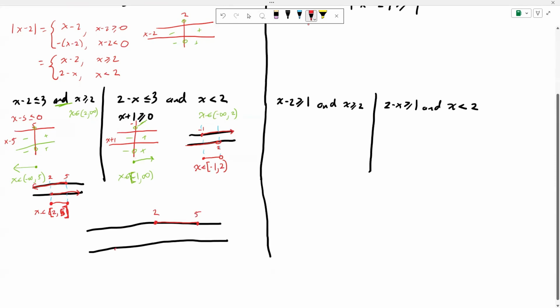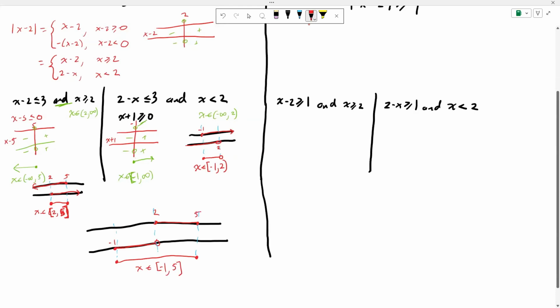And our second subproblem is from -1, not including 2. If we draw our key points, -1, 2, and 5, remember, we're taking the union of these intervals. So we go from -1 up to and including 5. So here, for this problem, x is in the interval -1 to 5.